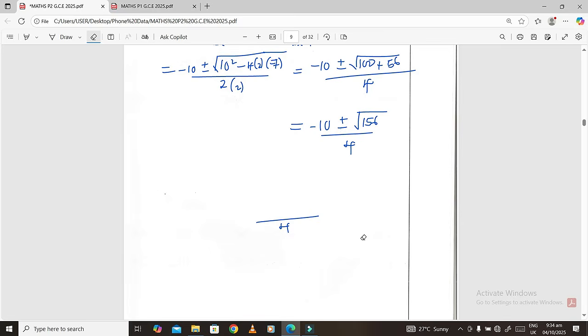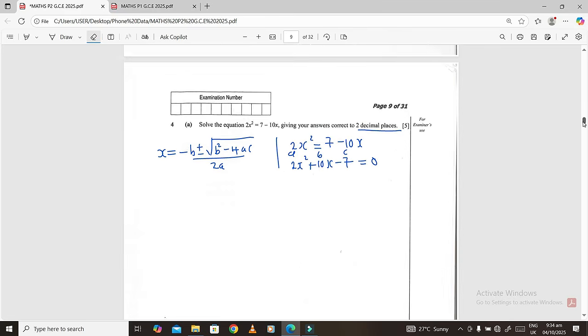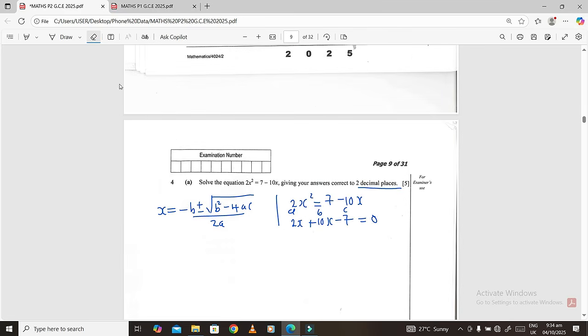So for completing the square, okay, basically completing the square will just require you to do a few things.